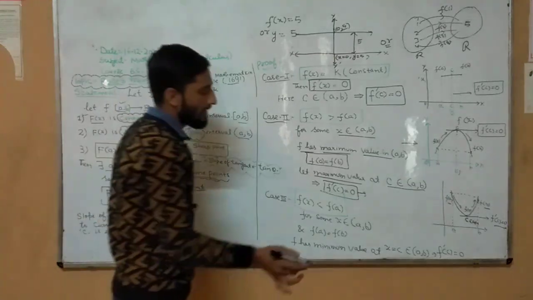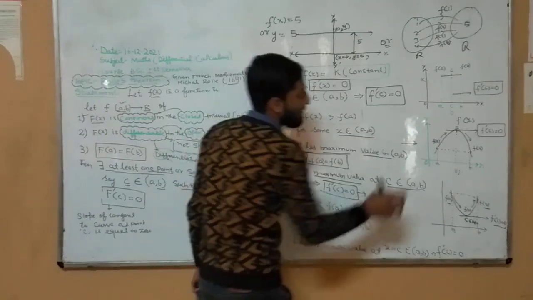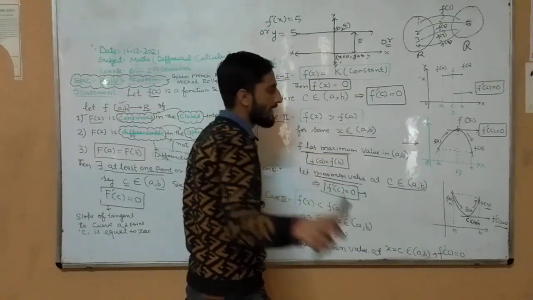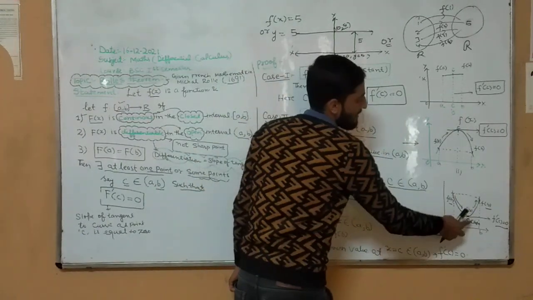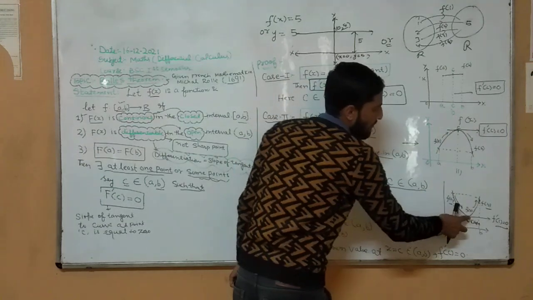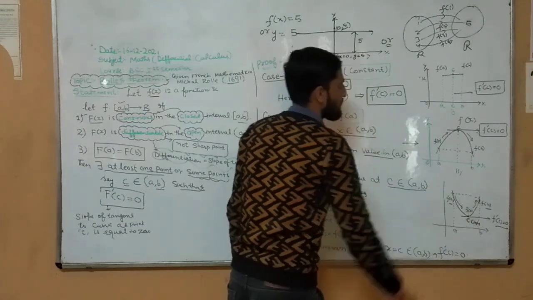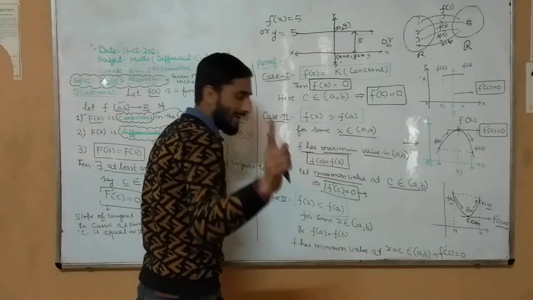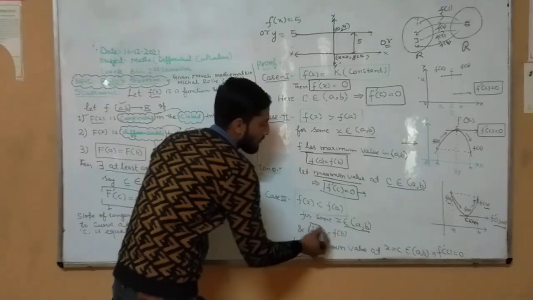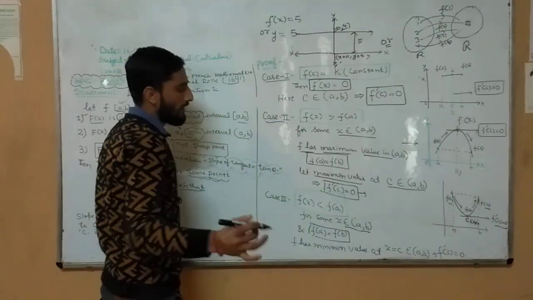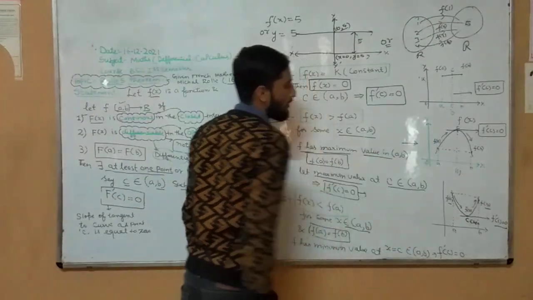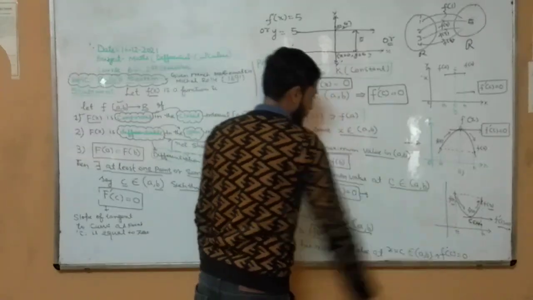If we compare these two diagrams, we get that this is the highest and this is the lowest. It means this is the maximum value and this is the minimum value at this particular point C. Similarly, we write x belongs to (a, b) and f(a) is equal to f(b).